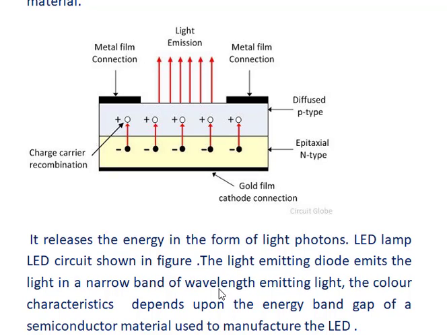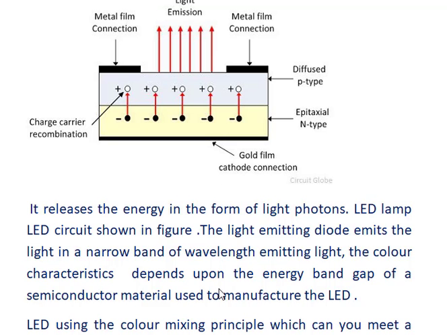The color characteristics depend upon the energy band gap of the semiconductor material. When impurity is added to gallium arsenide, the band gap of gallium arsenide is altered. Depending upon the band gap, the wavelength of the light emitted is changed.